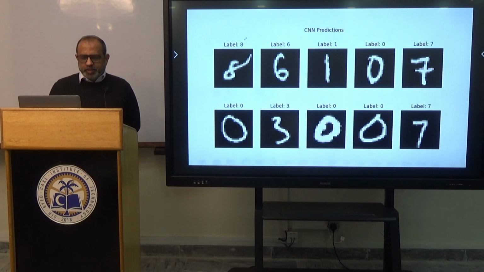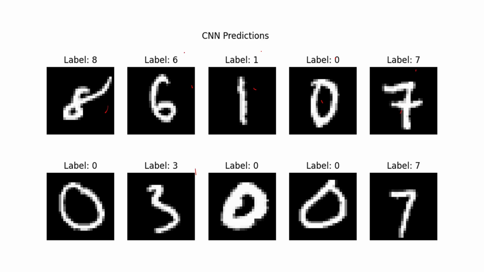So this is the prediction it has made: 8 is 8, 6 is 6, 1 is 1, 0 is 0, 7 is 7, 0 is 0, 3 is 3, 0 is 0, 0 is 0, 7 is 7.